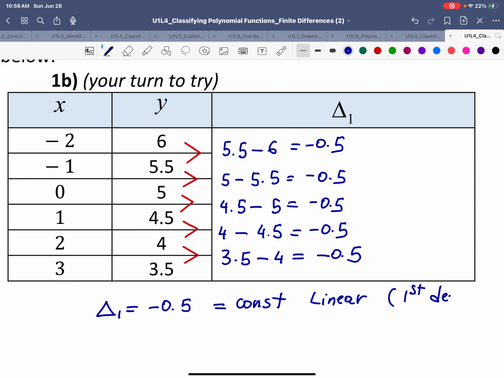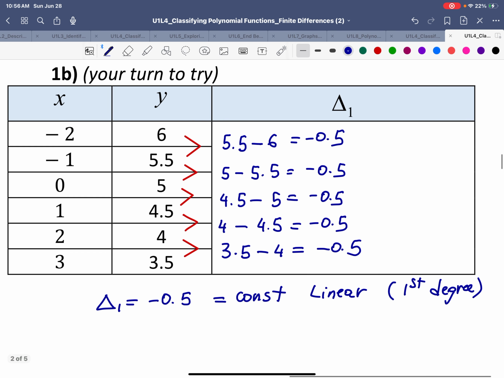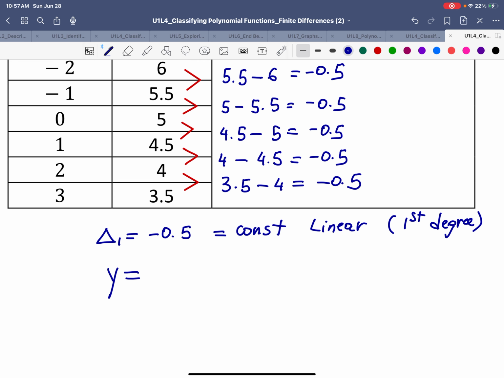And that means that the equation that we should be looking for would be in the form y equals mx plus b. So for the slope, we look at delta 1 because slope is equal to delta 1, in our case negative 0.5. And for the y-intercept, we're going to look at x equals 0. That would give us the value of the y-intercept, which in our case is equal to 5.